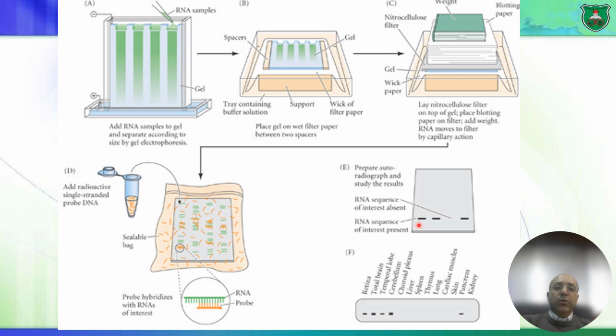Okay, so what we get from here is that we have samples 1, 2, and 4 expressing this gene. They are transcribing this gene. Sample 3 does not transcribe this gene. Why? Because there's no signal.